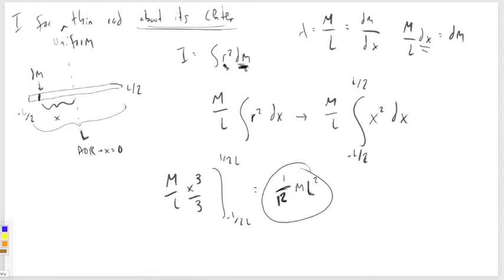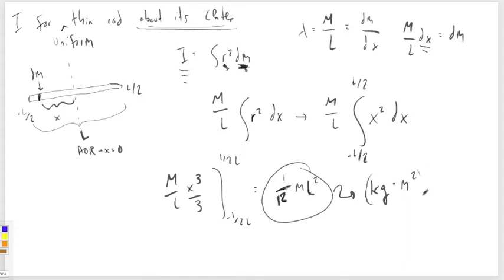Now listen, let me give you a clue about these problems. Your final answer will always be some proportion of ml squared. We haven't talked about this yet, but what units does I have? Rotational inertia will always have the same units. Mass is in kilograms. Length is in meters.